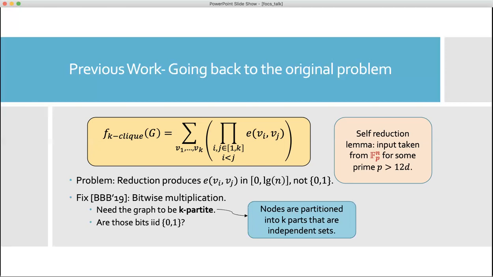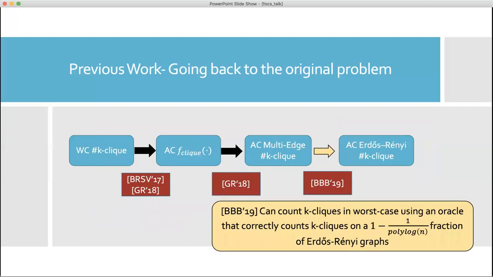First, we need the graph to be k-partite, which means that the nodes should be partitioned into k parts that are independent sets. And second, these bits are not IID 0-1 bits. In order for this to work, they have a nice fix I'm not going to get into. But at the end, they show that we can count K-clicks in the worst case using an oracle that correctly counts K-clicks on a 1 minus 1 over polylog n fraction of Erdős-Rényi graphs.